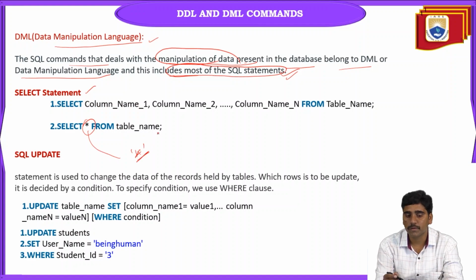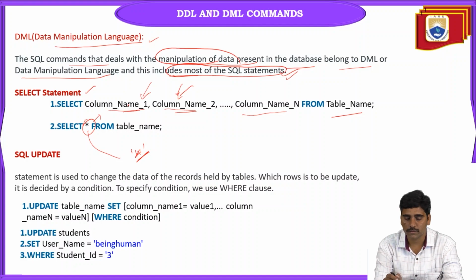If you want to retrieve particular values, then mention the columns: column 1, column 2 up to column n, which you want to retrieve from the table. So to retrieve all columns' data, you need to specify star. If you want particular columns, specify those columns. This is the way of writing the select statement.